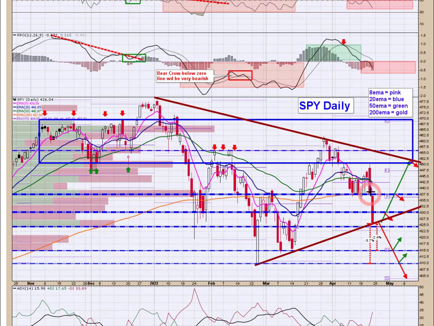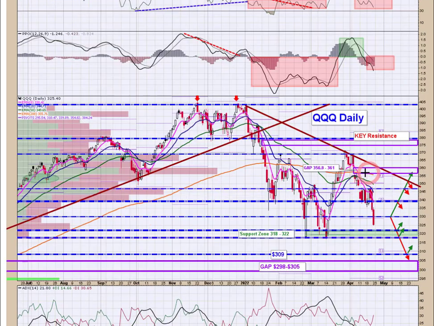Here was the 200, and on Friday, the 200 let go. On Qs, 200 is way up here, and we've got a full bearish stack on the EMAs. What is that? 200 on top, followed by the 50, followed by the 20, followed by the 8, and price below everything. That is a full bearish look, no question about it, no equivocation.